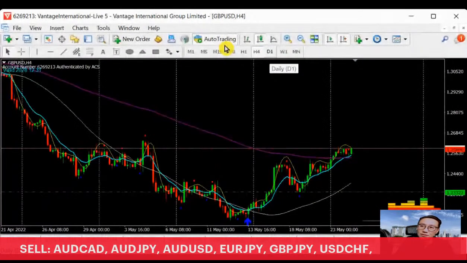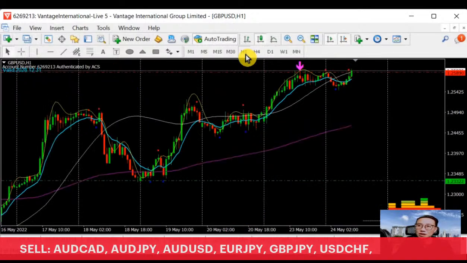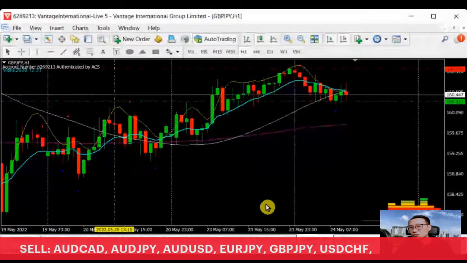So I think pound dollar is probably one we need to pay more attention to. It's still hovering around the resistance.